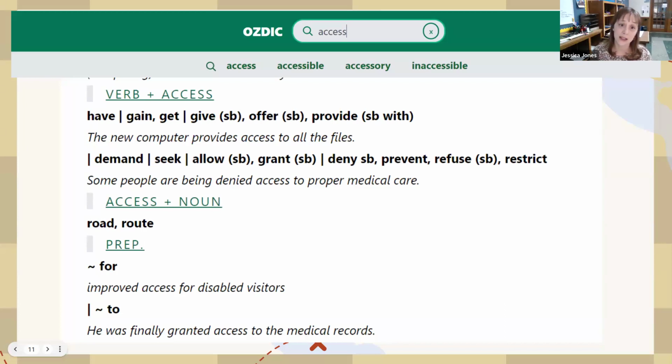All of those are links that you could click on to see examples with that form of the word. And this is helping us think about what are the words that most often appear with access. The verbs we use, we tend to talk about having access, gaining access, getting access, or giving access.